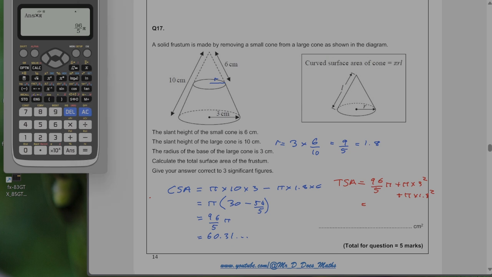So if we go back to that, and then we want to add on, and I'm just going to take pi out as a factor here. Pi times by 3 squared plus 1.8 squared.